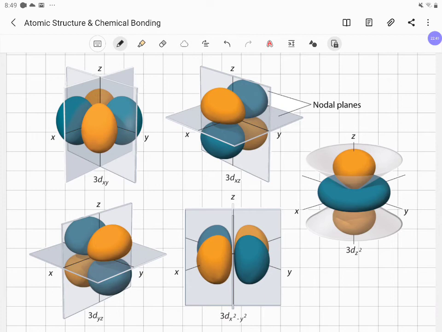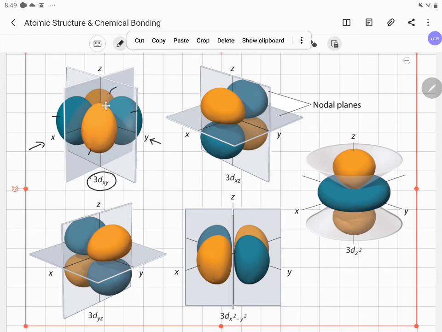Apart from that, for the p orbital, we have seen that there is only one nodal plane. For the d orbital, you can see that there are 2 nodal planes. Say, for example, in 3dxy, the lobes are in between the x and y axis. See here, this lobe is in between the x and y axis.